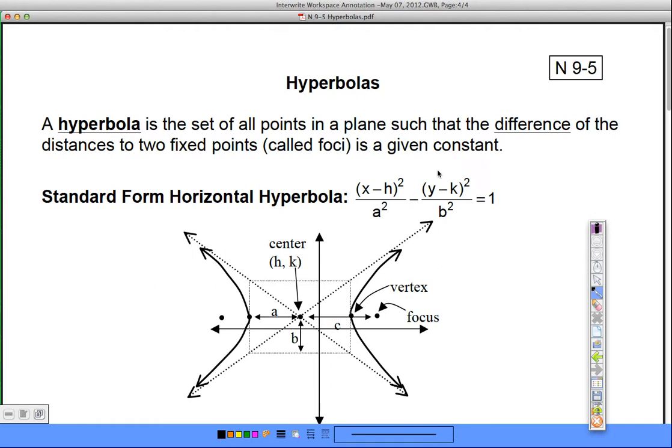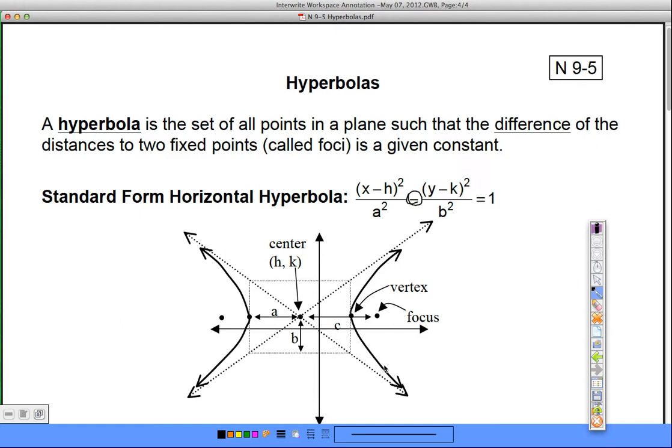Okay, I want to point out a few differences here. First, you see a horizontal hyperbola. You notice that the a squared is under the x. There's a minus sign here instead of a plus like with the ellipse, and it equals 1. A hyperbola is basically two parabolas.